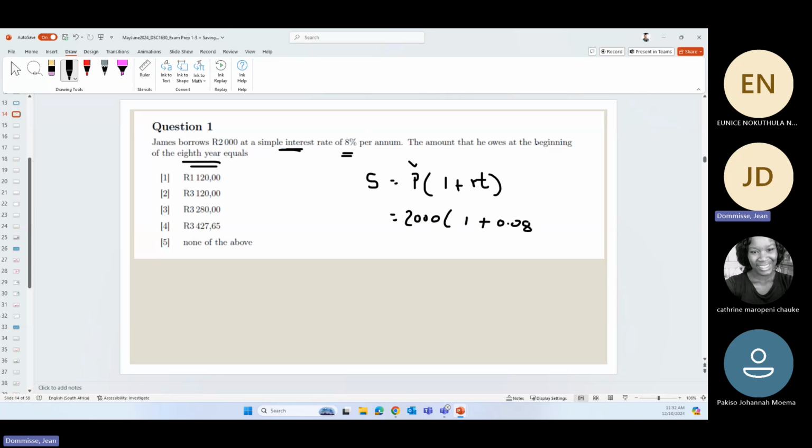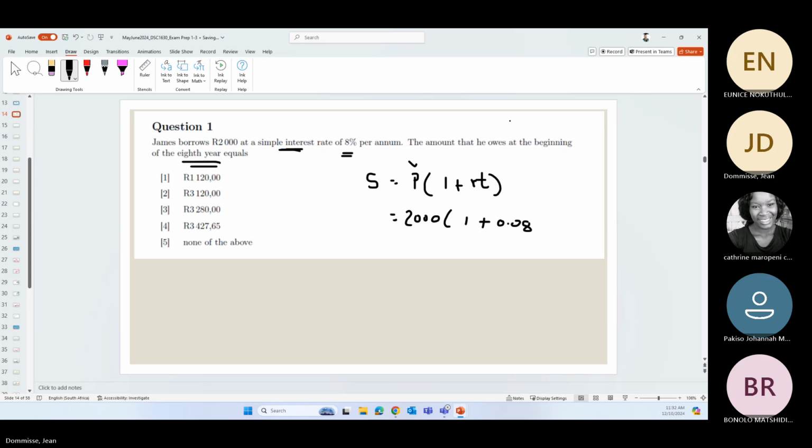The amount that he owes at the beginning of the 8th year, so before we start with the 8th year, that's years 1 to 7. That is the place where they wanted to catch you out, that you work with 7 years and not 8 years.